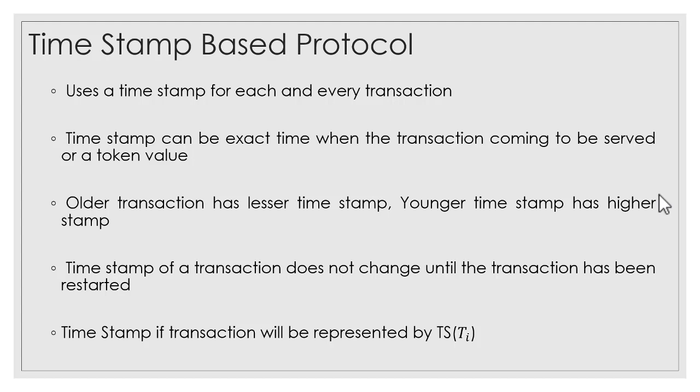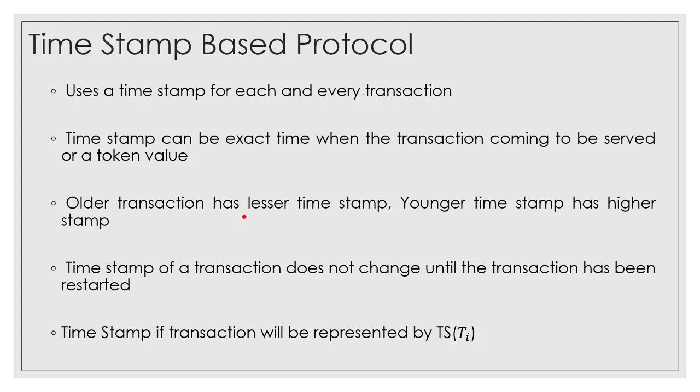The older transaction has a lesser timestamp and the younger transaction has a higher timestamp. Now, the timestamp of a transaction does not change until the transaction has been restarted. So it will remain the same throughout the transaction. Now, for some reason, if we need to roll back that transaction, that time the transaction will be restarted with a new timestamp.